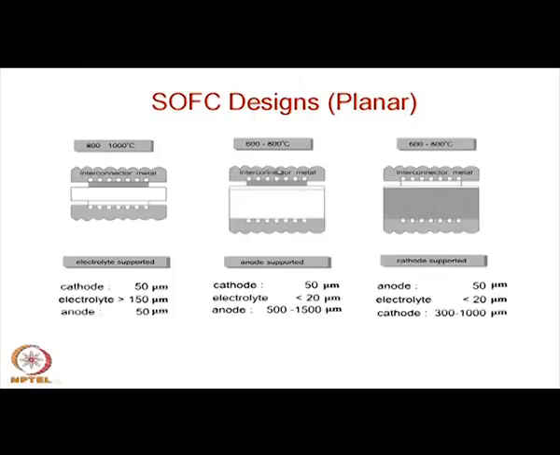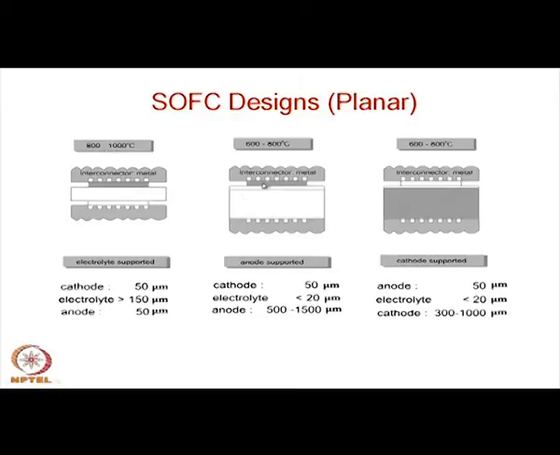This is one interconnect. Because of the thin electrolyte used here, the operating temperature has come down. You can notice the operating temperature is higher where the electrolyte thickness is higher. To reduce the internal resistance, you have to heat it to a higher temperature, so the operating temperature is 800 to 1000 degree centigrade.